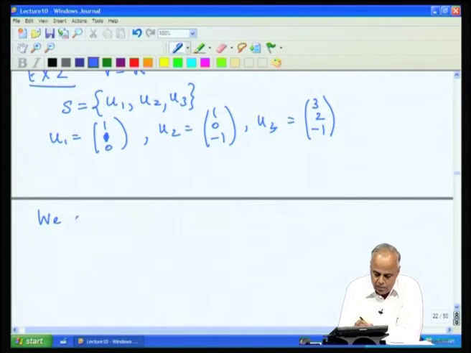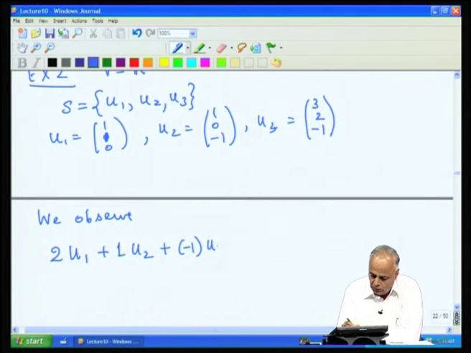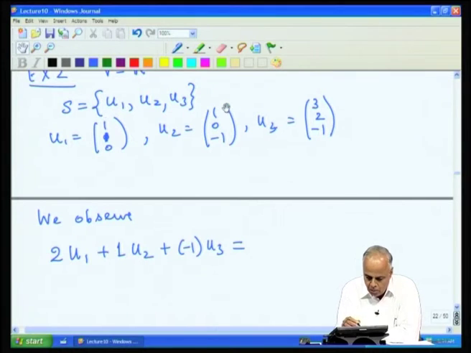Now we observe 2 U1 plus 1 U2 plus minus 1 U3. If you look at the first components, 2 U1 will give me 2 plus this 1 and this minus 3, that will be 0, and then second component 2 and minus 2, that will be 0, and similarly the third will be 0. So, this will be exactly the thing.